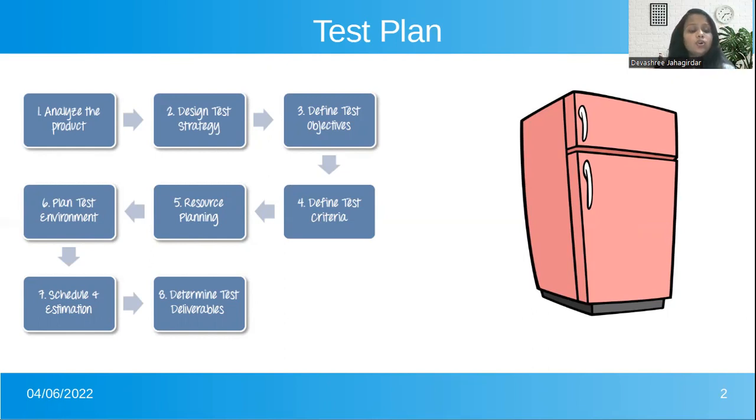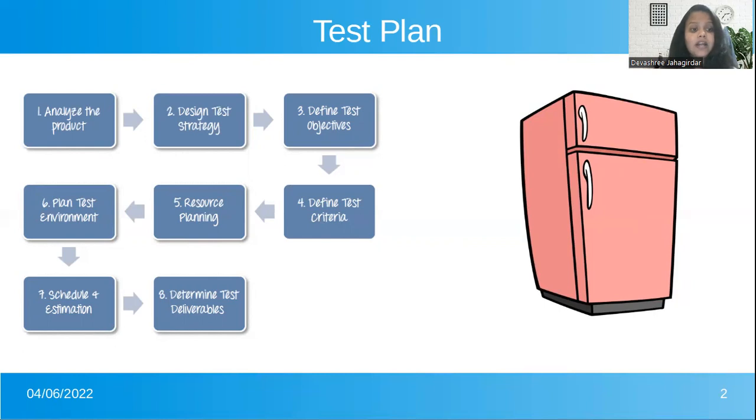Resources can be humans, materials, or equipment. According to the resource planning, the project manager can give the estimate and the schedule of the product, right? When it can be delivered and what estimate will be required according to the resources he has. So this is what resource planning is.